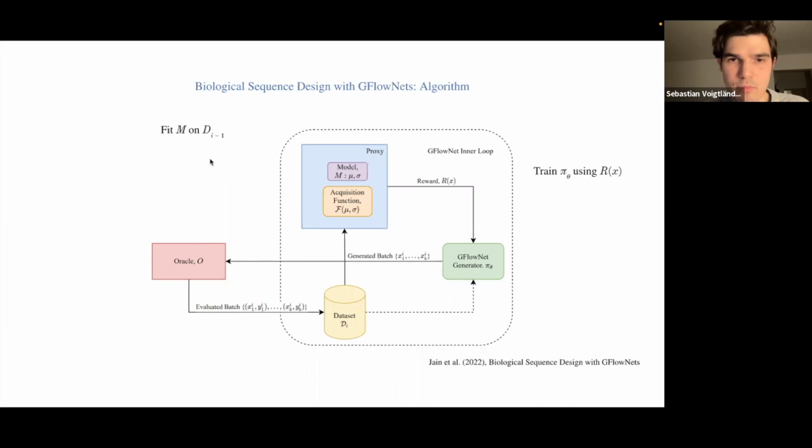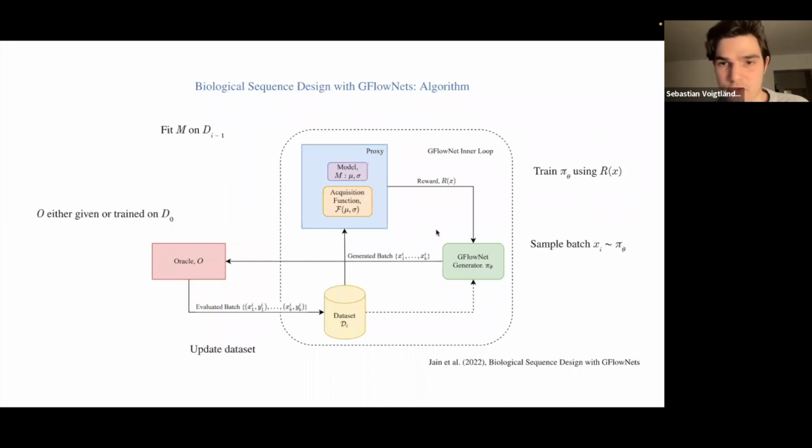So you want to get a model proxy and train the model on the data set with the labeled ground truth data, and then you train on the reward proxy, you train your GFlowNet, and then you sample a batch from the GFlowNet, you generate parts of the batch, and you also sample parts of the batch from the ground truth data, have it evaluated by the oracle, which is either given or pre-trained on the data set, so you can query it, and then you add that to the data set.